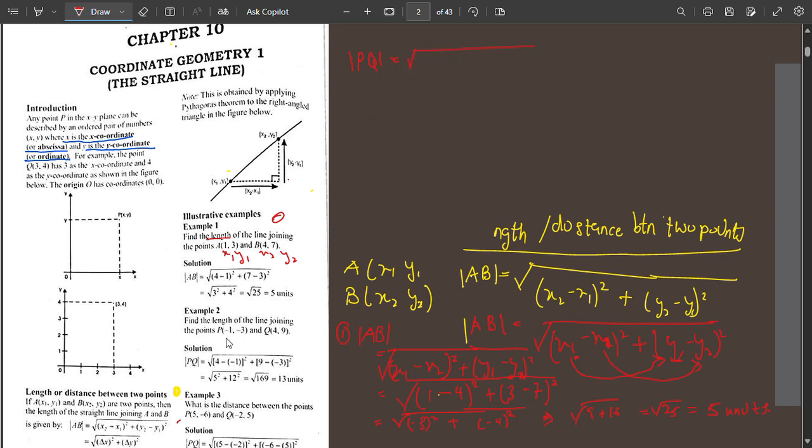So taking x1, y1, x2, y2, then we have -1 minus -4 squared plus -3 minus 9 squared.